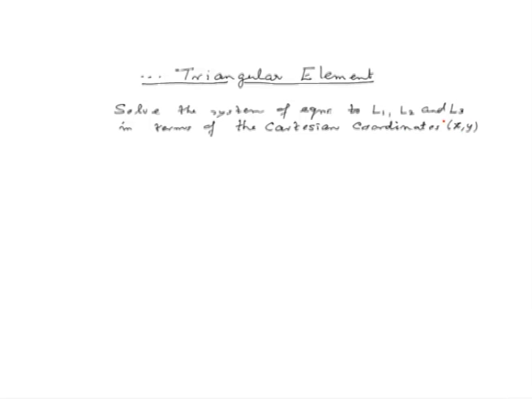If you do that, we can write in a shorthand notation, let us call it L alpha, this as A alpha plus B alpha x plus C alpha y divided by 2 times the area of the triangle.